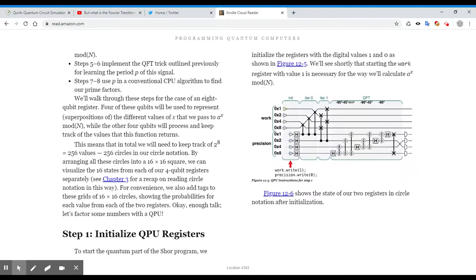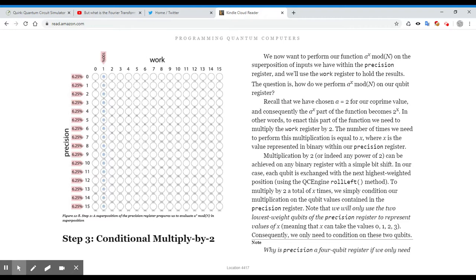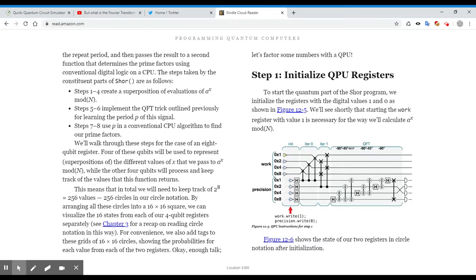So there's an example of factoring number 15. Did they fix it? Where was that? Superposition condition multiplied by 2. No. They use the QFT. Okay, so it seems like they fixed it.